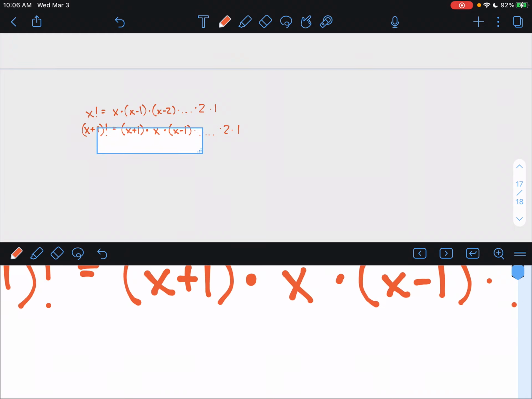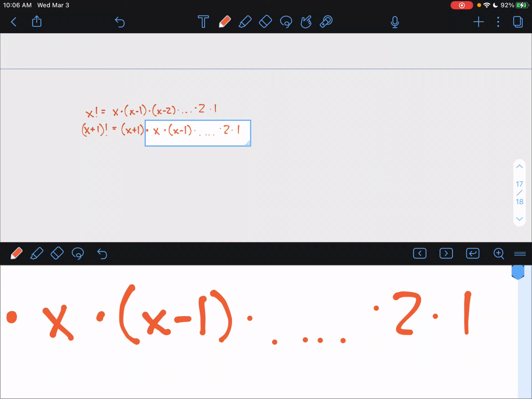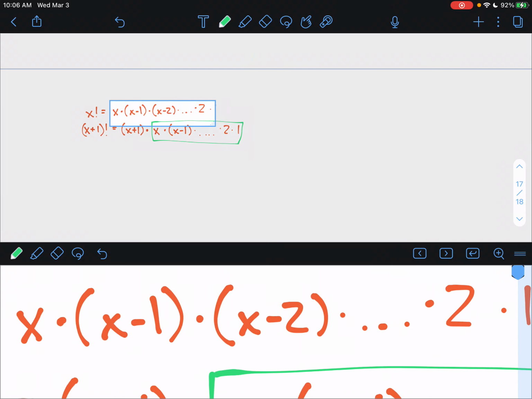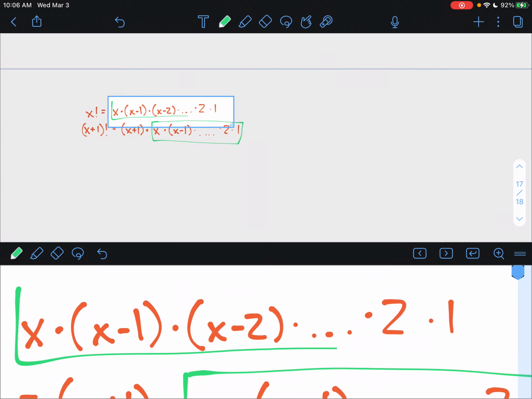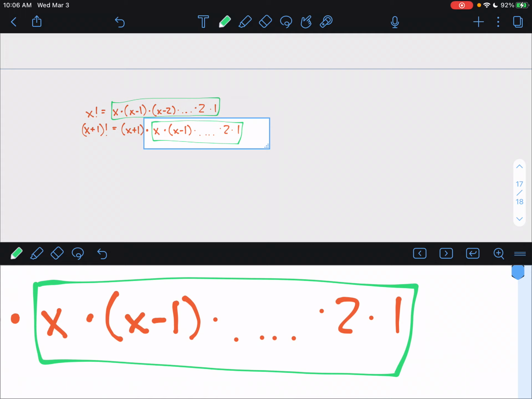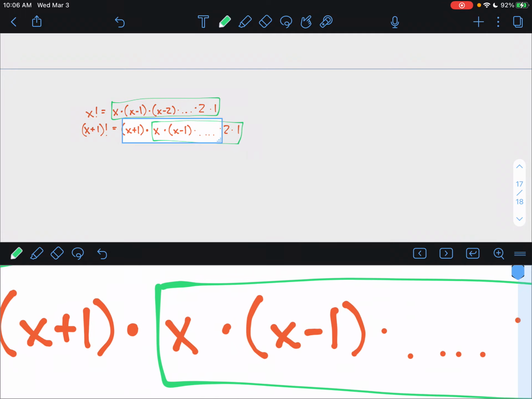So we can see that this part here is the same as this part here. So that's my x factorial, and this is also x factorial times x plus 1.